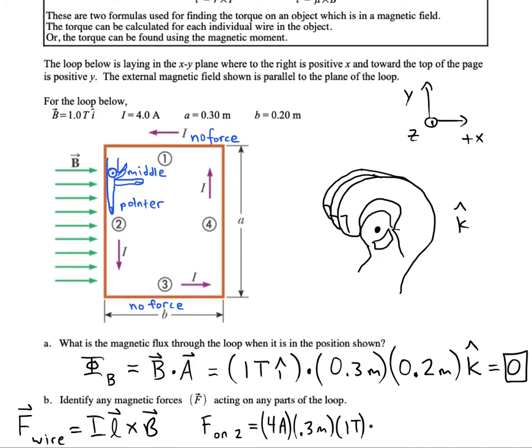But the result is going to be in the positive k-hat direction. That's important. You want to give it a direction as well. I get 1.2 in the k-hat direction.